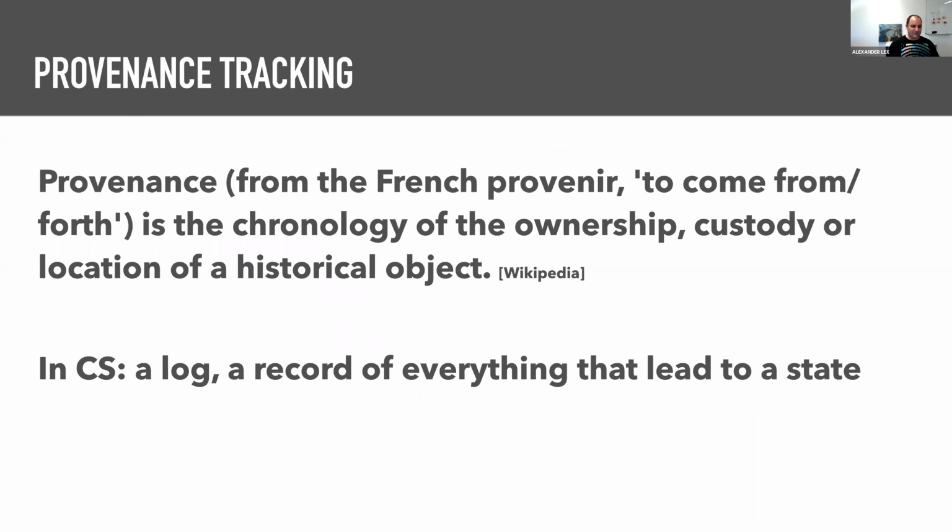And in case you're not aware, I've used this term a couple of times, but provenance data and provenance tracking really means we want to capture a log, a record of everything that led us to a state. The word provenance is mostly used for the chronology of ownership, custody, or location of a historical object. So outside of computer science, it's mostly used in the art world, where you have the provenance of a painting, for example.